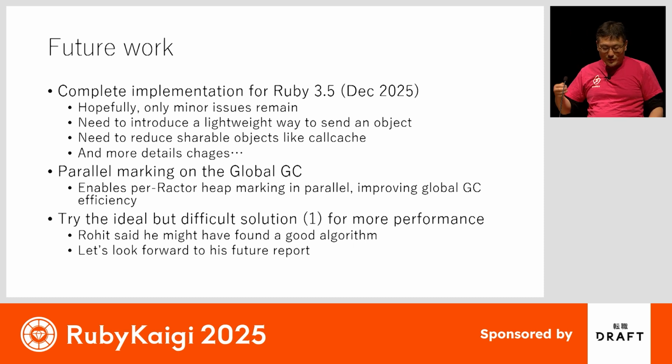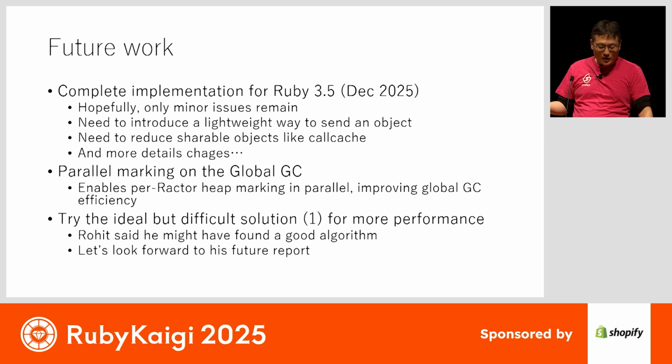After that, we want to introduce the more difficult solution for more performance. Rohit said he might have a good idea, and he implemented it. He says he has a good implementation for that, so we can wait for his great news after that.